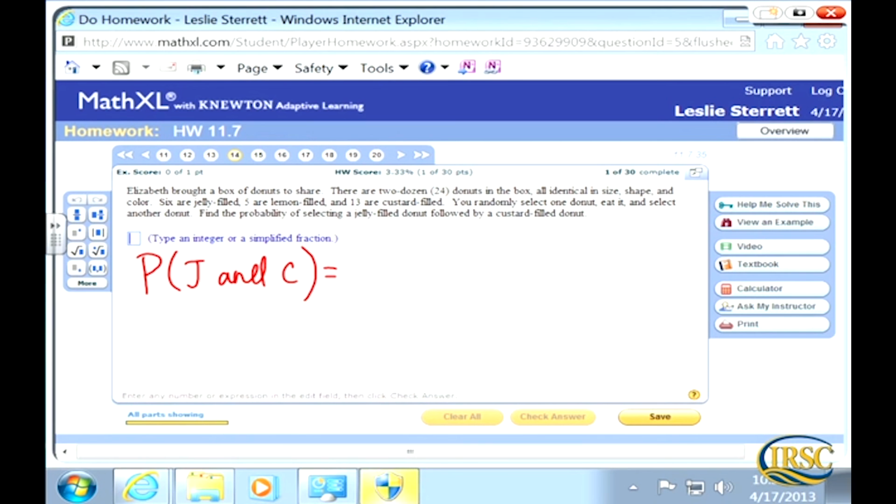Okay, so these are dependent events. And you know this because you select it and you eat it. Okay, you didn't pick it up and put it right back down, which you shouldn't do anyway, right? Because then you've touched the food. All right, so you're going to find the probability of a jelly times the probability of a custard, assuming a jelly was eaten.